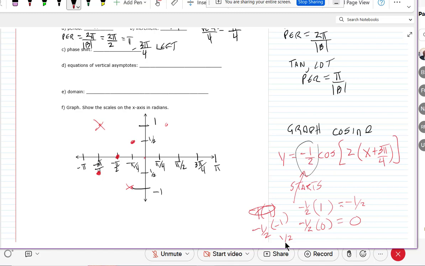The nice thing about cosine and sine is once you see the pattern, you can just fill it in. From here it goes to the midpoint, to the minimum, to the midpoint, to the max, and back to the midpoint. You can fill all those in. Then I'm going to use a dashed line to represent the graph of the cosine.